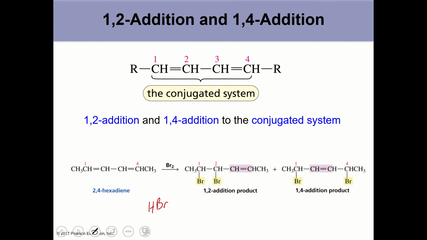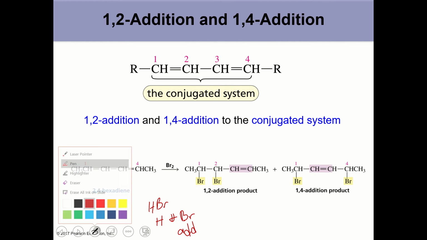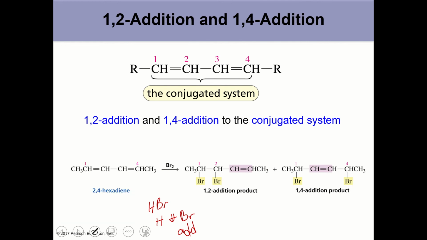So the two things that add when we use HBr are hydrogen and bromine. So we get CH3, CH, new H bond at carbon 1, then CHBr, CH, double bond, CH, CH3. And this is the 1,2 addition.